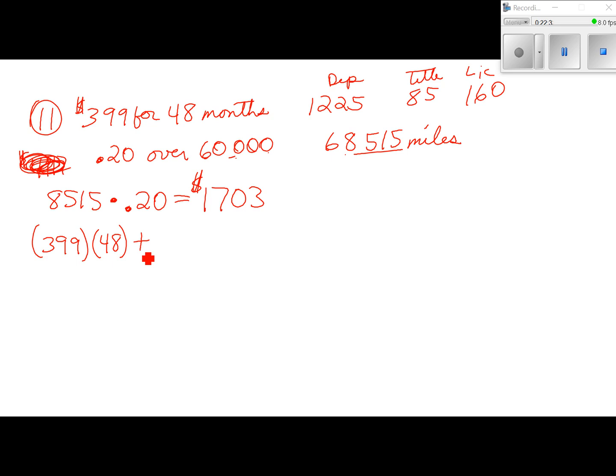So you take $399 times 48 plus the $1,225 deposit plus $85 for the title plus $160 for the license fee plus the $1,703 for the extra mileage. You do all that math and that'll tell you what the total cost was.